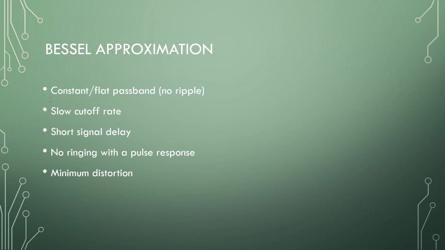So if you need to, let's say, sample music or something, the Bessel approximation would be the best, since there are no time delays or minimum time delays and no distortions in the output. So this is a very good filter to have right before an ADC of some sort, when you just need a nice cutoff with no distortions whatsoever. Then the Bessel approximation would be the best option.